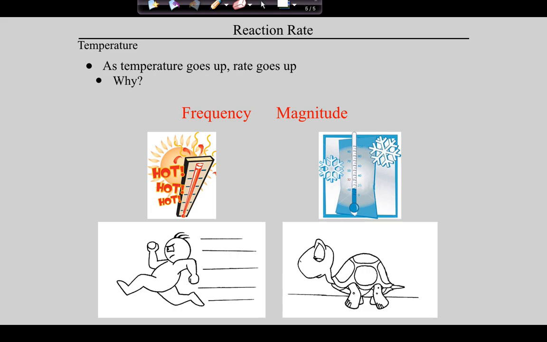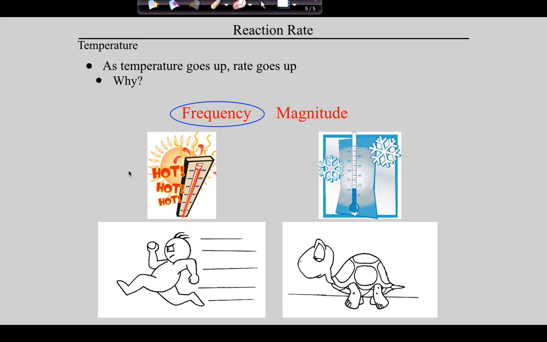So you ready? Let's talk about hot. If things are hot, they're moving faster. And if they're moving faster, do they collide more frequently? Circle it. Yeah, it is a matter of frequency. But if they're moving faster, do they collide harder? Yes.